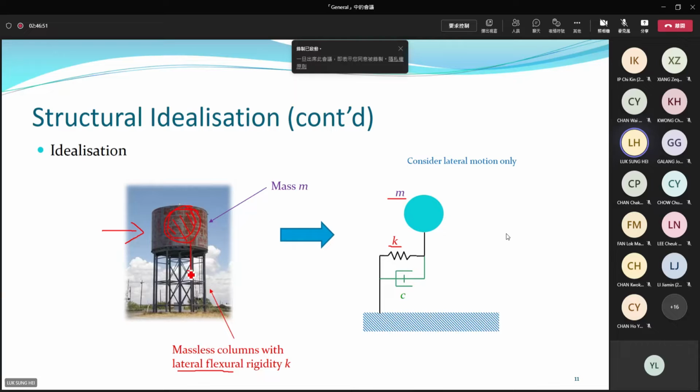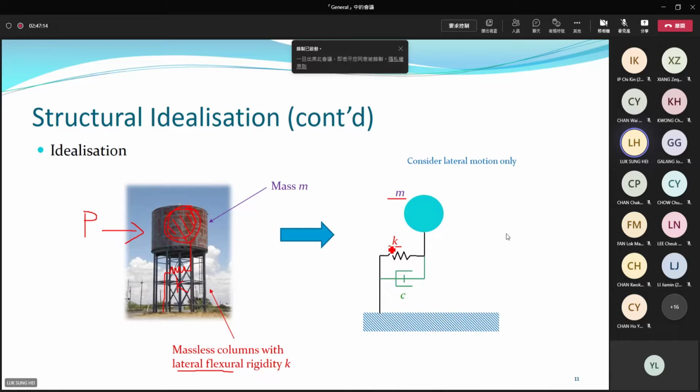This spring provides a horizontal stiffness. When you excite the mass to displace horizontally under a dynamic force, the spring provides resistance against the motion. Symbolically, we use a concentrated spring.